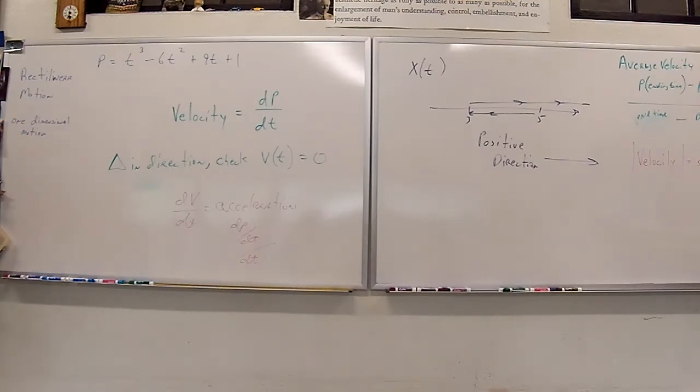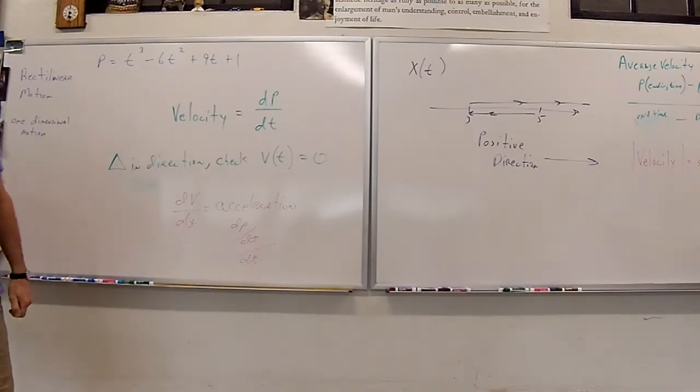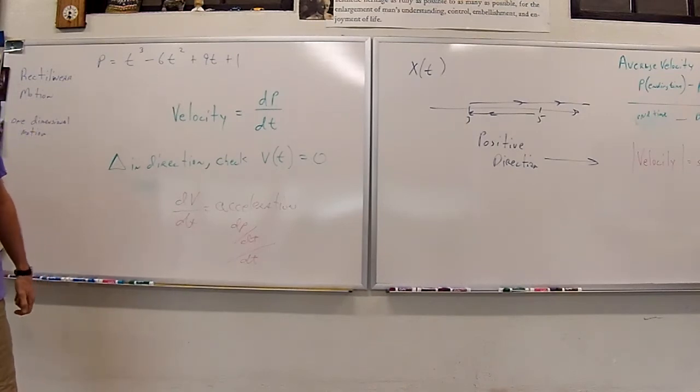If I tell you I'm going 30 miles per hour, that's not a velocity. If I tell you I'm going 10 feet per second and it's a positive velocity, you've got to be going in the positive direction. Speed, if you look at this, it's a negative velocity when it's coming down, but the speed's increasing because it's getting faster as it goes down. The velocity's not getting bigger.